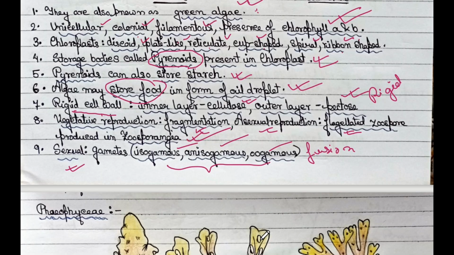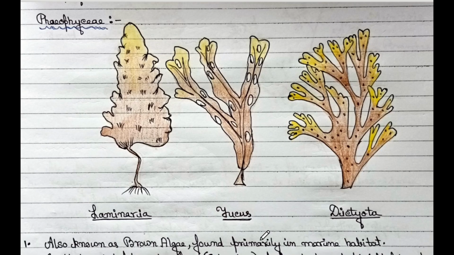So now let us come to Phaeophyceae or brown algae. Brown algae means it is not only present in brown color, it is present in shades of olive green to brown color. So it is also known as brown algae.